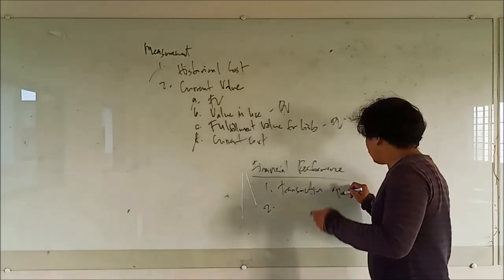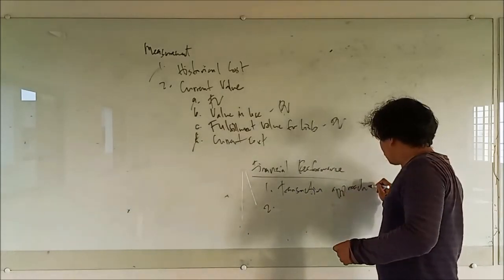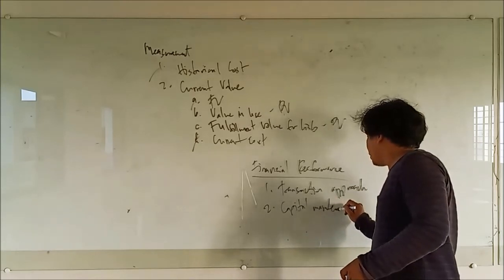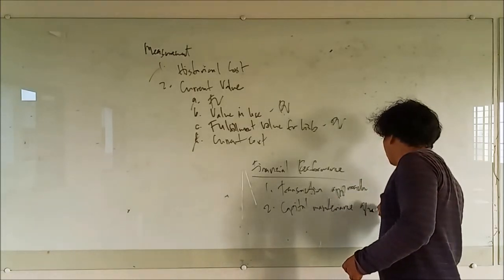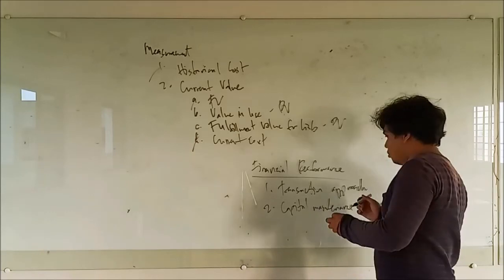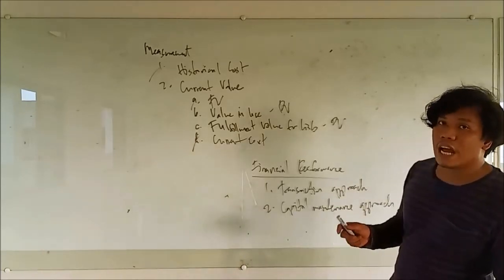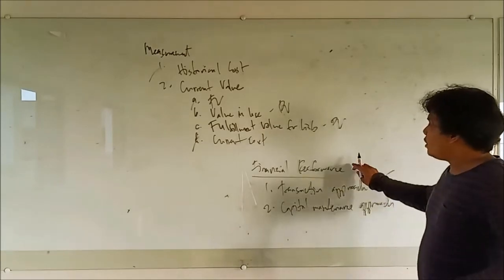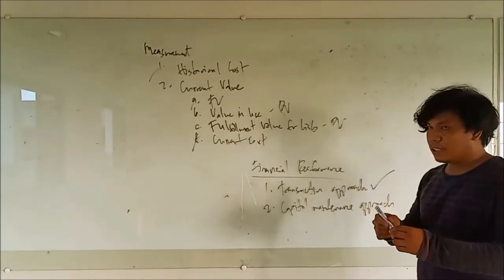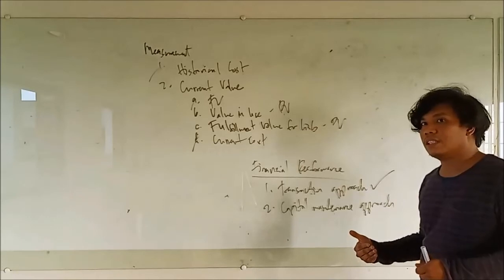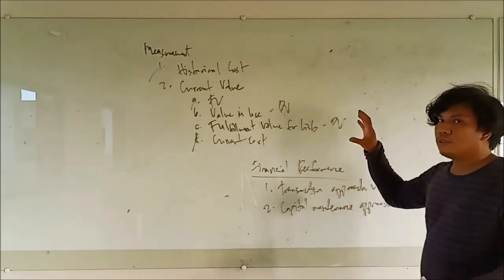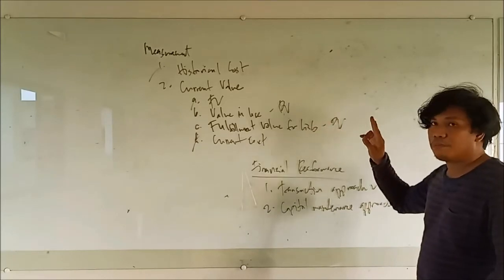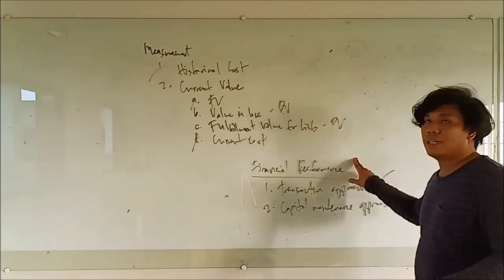Transaction approach and capital maintenance approach. Okay? Yung ginagamit natin sa accounting, typically, ito tayo. Paano natin na-determine yung financial performance? Income versus expenses. That's very typical. Yung total revenues mo or total income mo minus yung total expenses, meron pang profit or loss, that's the performance.